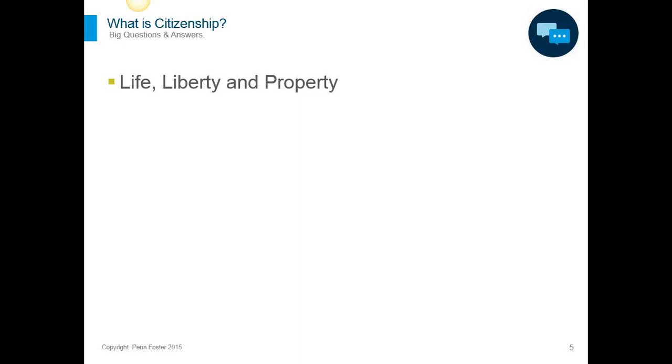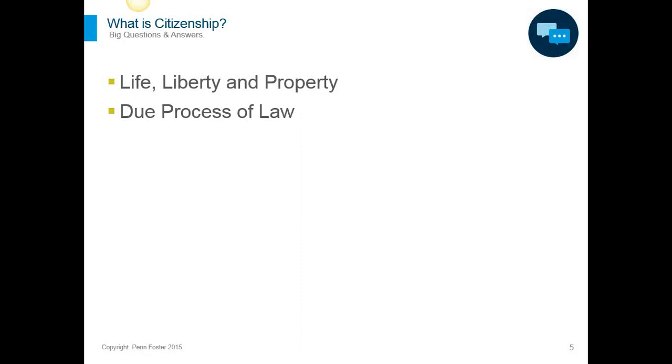According to our Constitution, these are absolute rights. Life, liberty, and property are absolute rights of Americans and of citizens. Citizens are not able to lose these rights except through due process of law.